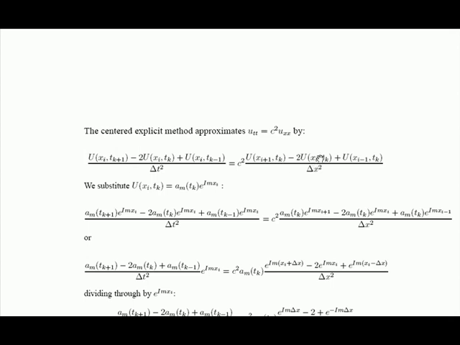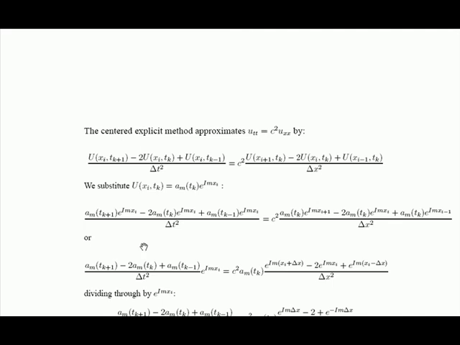The right hand side is all at tk, the left hand side is at xi, and as usual we substitute one term in the Fourier series for u, a of tk e to the I m xi. On the right-hand side we have am of tk in all three terms because they're all at tk, and we have xi plus 1, xi minus 1.